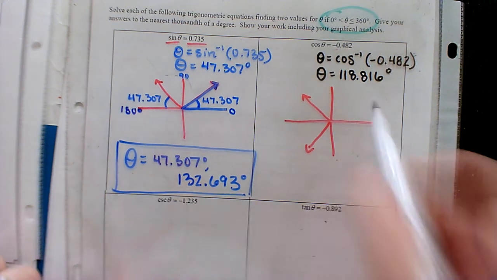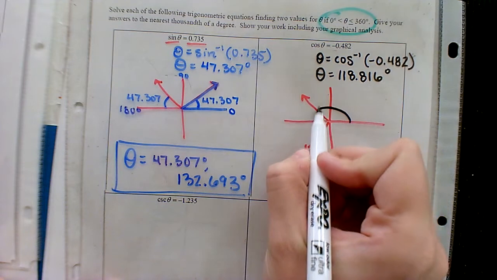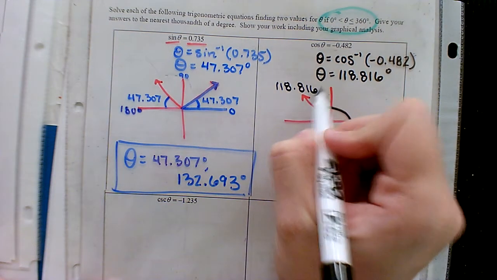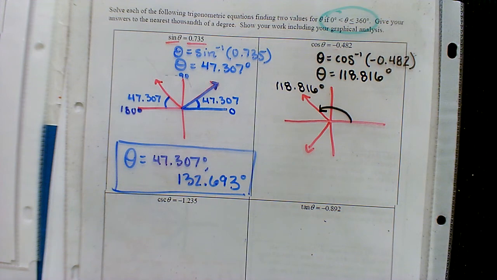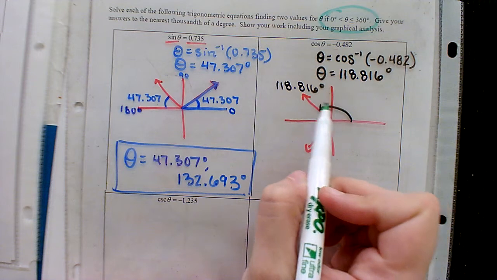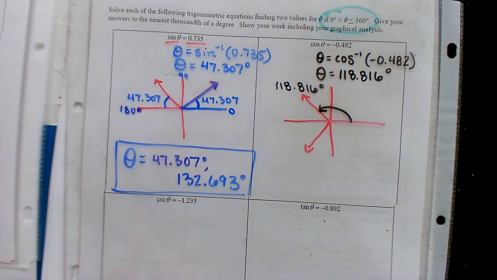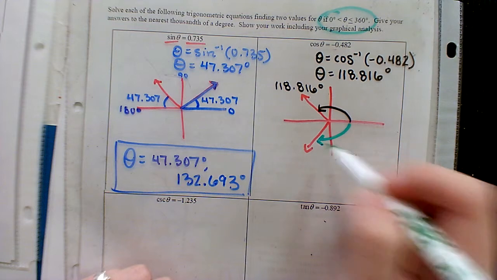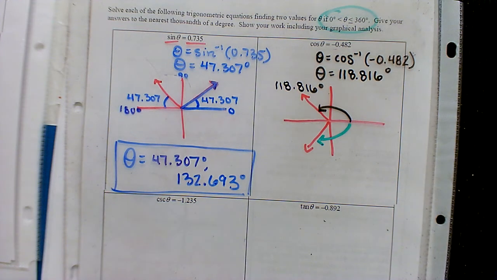Yeah? Quadrant 2. All right, so this whole angle right here is 118.816 degrees. Notice how that angle is not a reference angle, because a reference angle is acute, something less than 90. So let's go ahead and think about if instead of trying to travel 118 degrees forwards, what if we were to travel 118 degrees backwards?